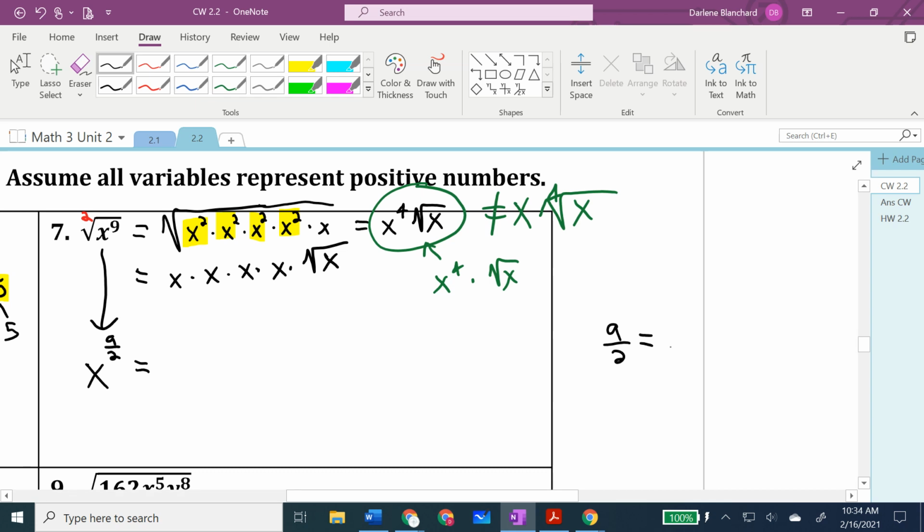As a proper fraction, two goes into 9 4 equal times, but that's only 8, and I have one more.